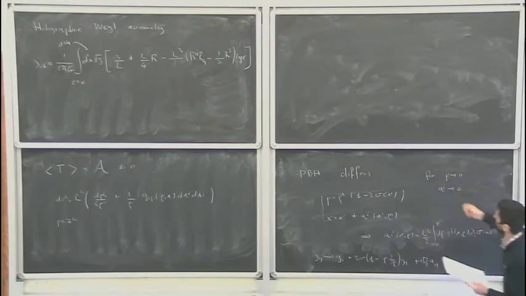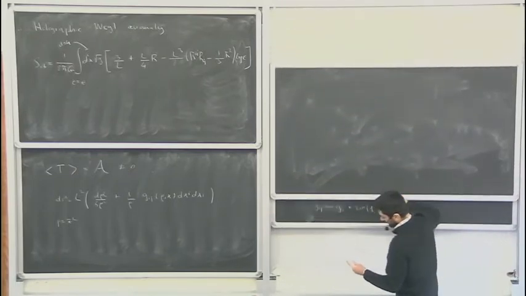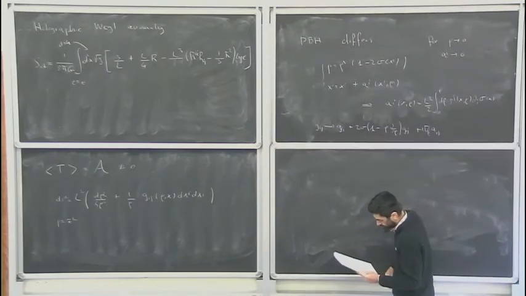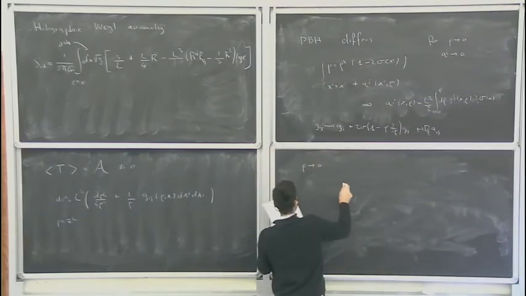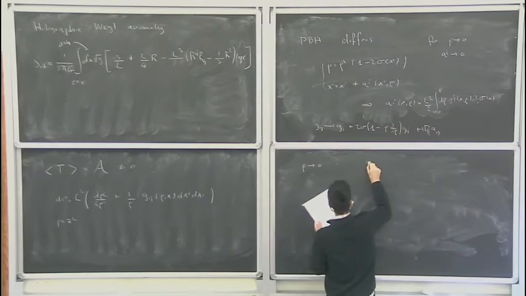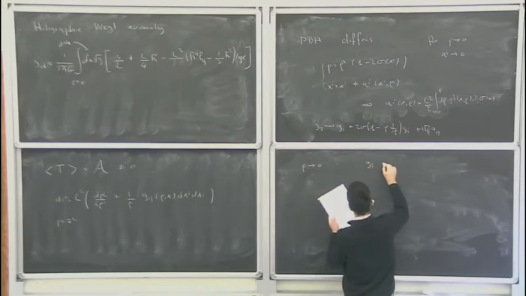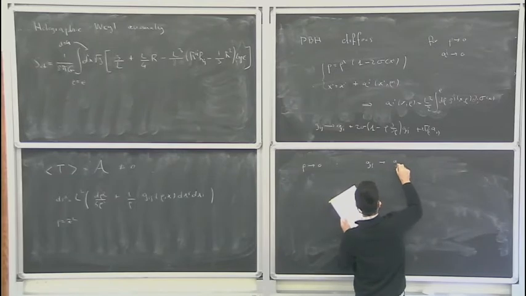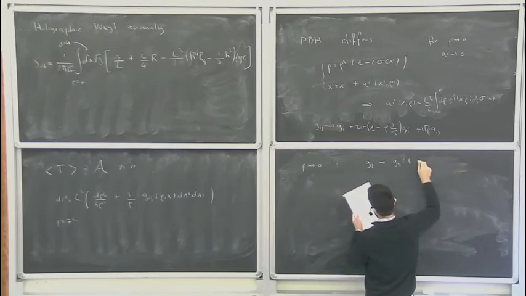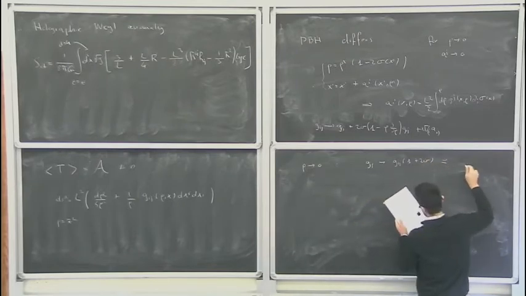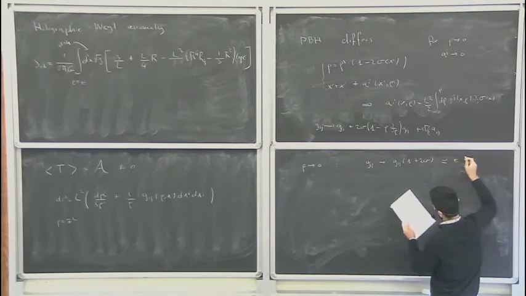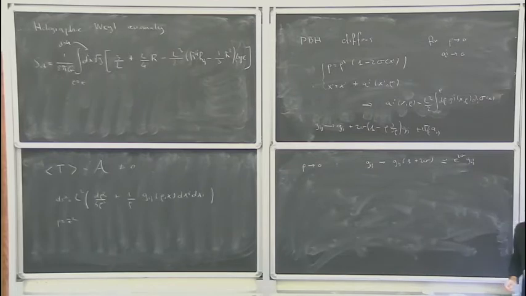And at the boundary, we obtain the transformation that we wanted. We have that g_ij is simply shifted by sigma multiplied by g_ij, which is the infinitesimal version, if you take sigma small, of this Weyl transformation.